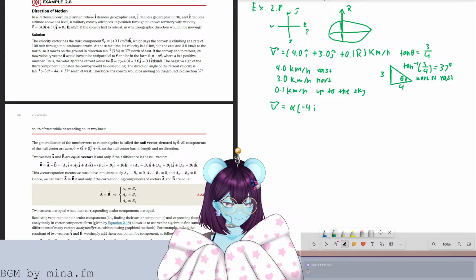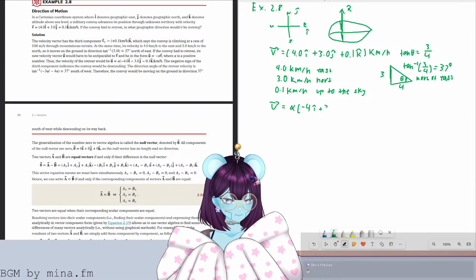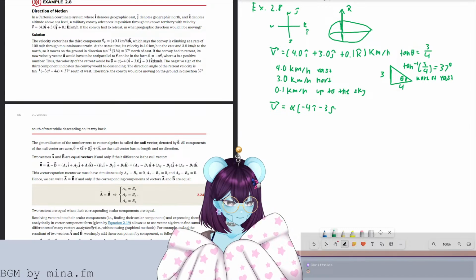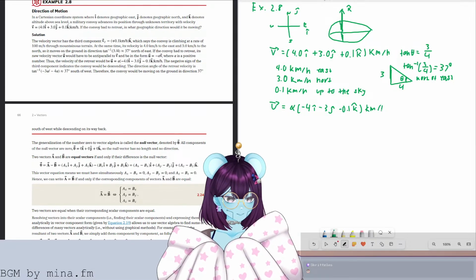So we have -4 i hat, -3 j hat, -0.1 k hat, and then we keep the units the same.